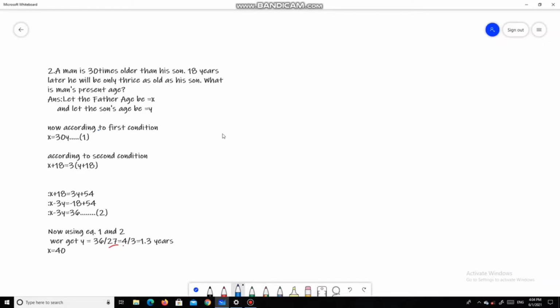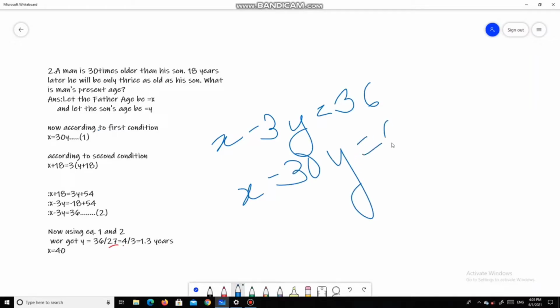It's like this: x minus 3y is equal to 36, and this equation is x minus 30y is equal to 0. Now 0 is not needed here, so I am rubbing it out. Next, a negative sign because we are subtracting.